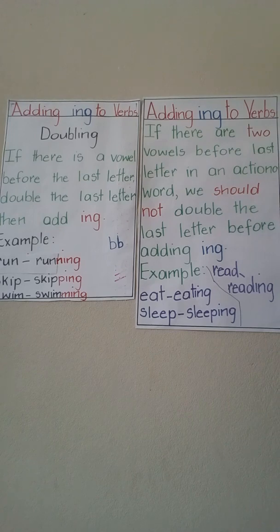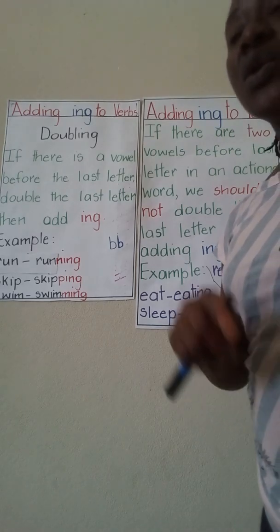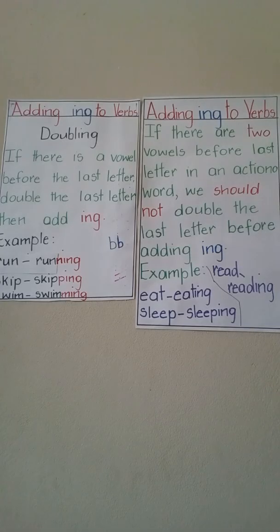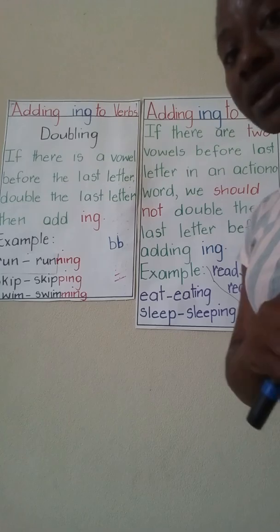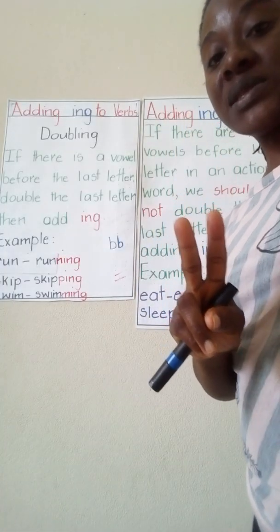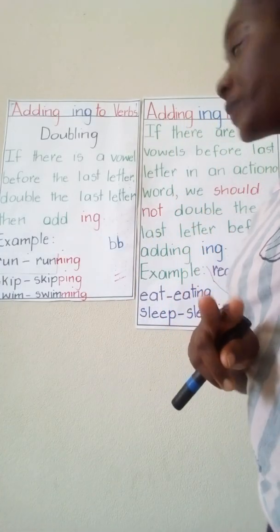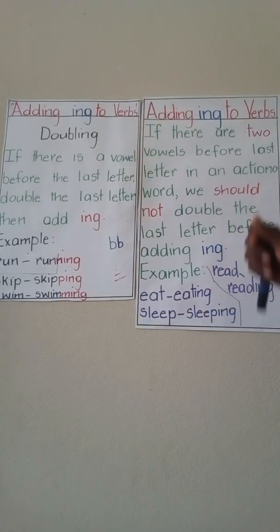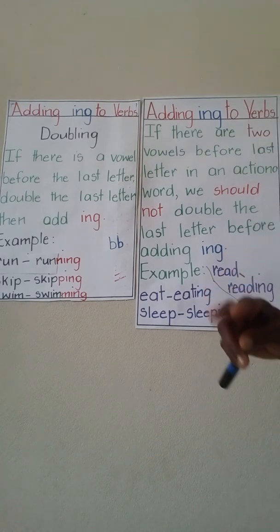Today we are going to move on now to look at another group of action words. Now these action words have not one but two vowels before the last letter. Okay, now let us read the rule about adding ing to these action words that have two vowels before the last letter.